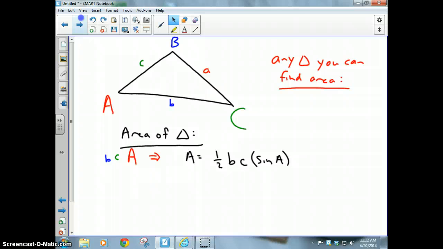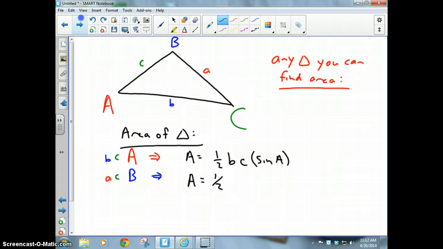What if you're told little a, if you know how long little a is, and you know how long little c is, and you know how big angle B is, then the area would be equal to 1/2 times A times C times sine of angle B. You notice there's a pattern here.